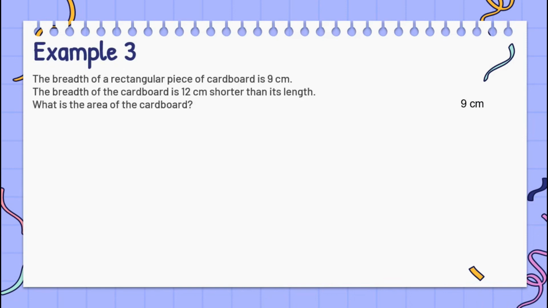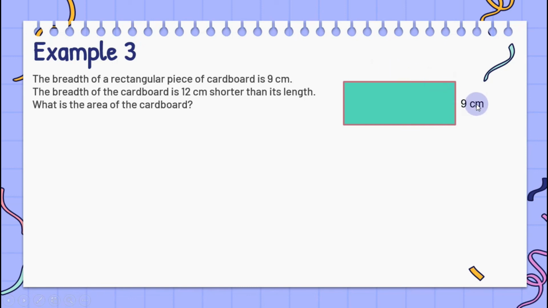Example 3. The breadth of a rectangular piece of cardboard is 9 centimeter. The breadth of the cardboard is 12 centimeters shorter than its length. What is the area of the cardboard? 9 is the breadth. We are going to find the length first before we find the area.